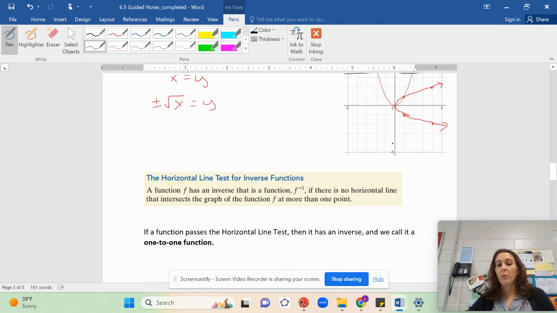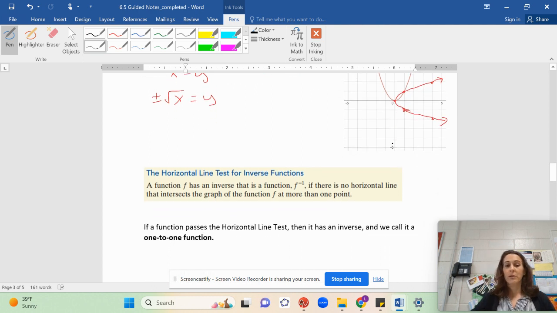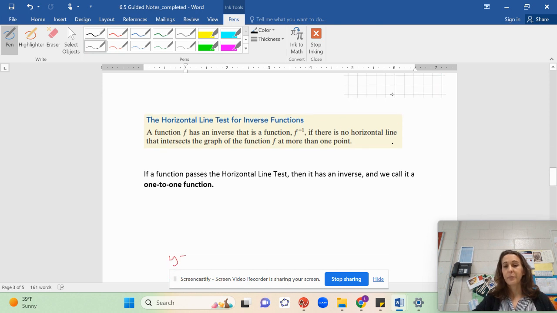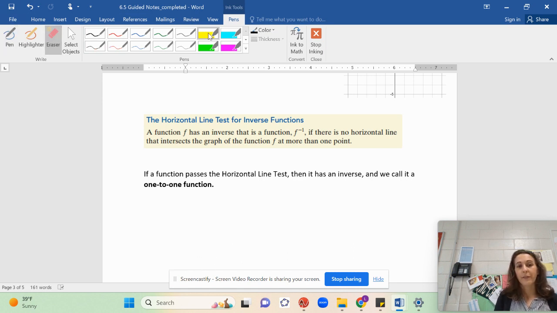If a function does pass the horizontal line test, then it has a special name. It's called a one-to-one function. A one-to-one function is a function that passes the horizontal line test. And if we're saying it's a function, then that automatically means that it also passes the vertical line test, because a function has to pass the vertical line test.